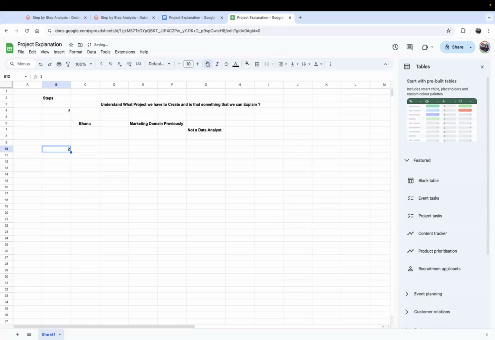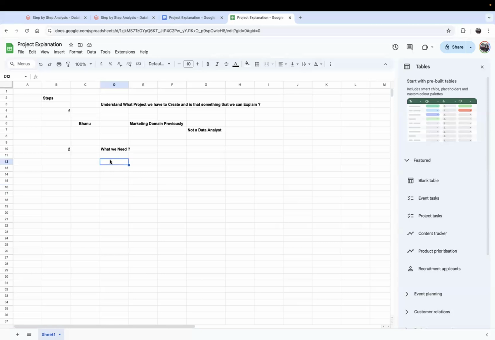In step 2, we have to ask ourselves what we need. If he wants to explain this project in front of the interviewer and show himself as a data analyst, what do we need to prepare?